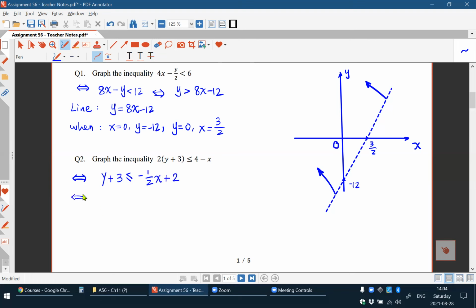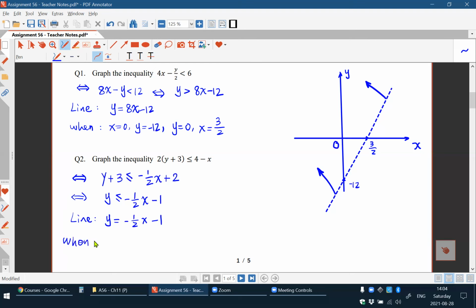Which is further equivalent to y is less than or equal to minus 1/2 of x minus 1. And the corresponding line is y equals minus 1/2 of x minus 1.